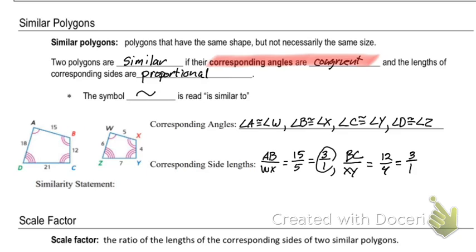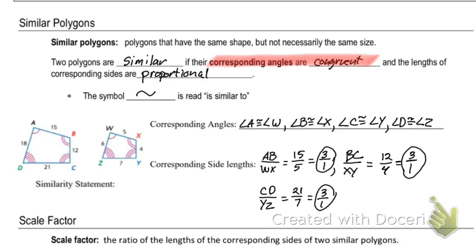So far, everything's proportional. Let's check out the last two. So the next one, let's do CD over YZ. CD is 21. ZY is 7. So that is going to be 3/1 again.